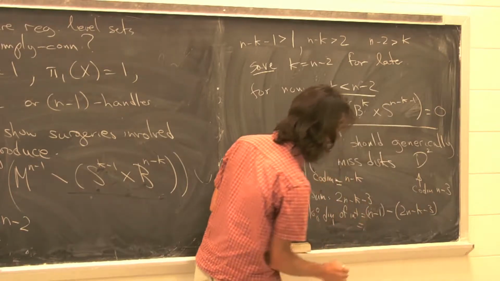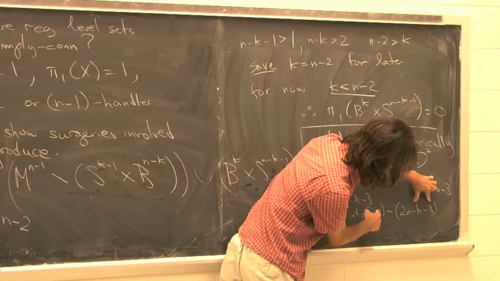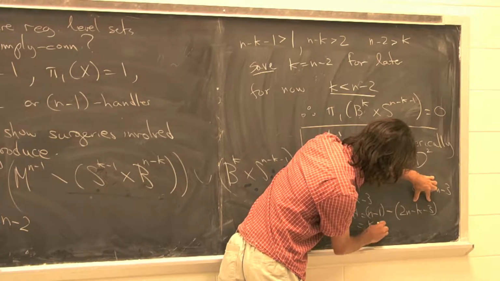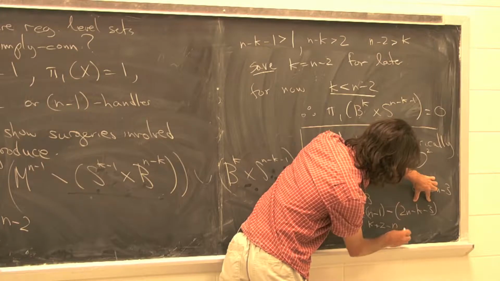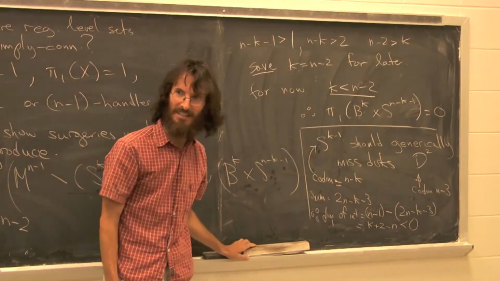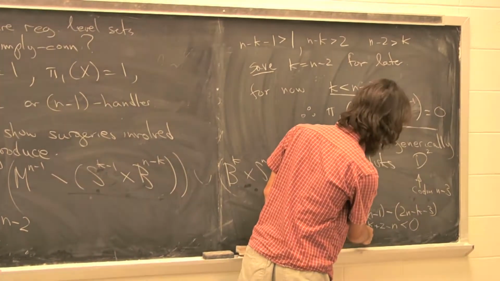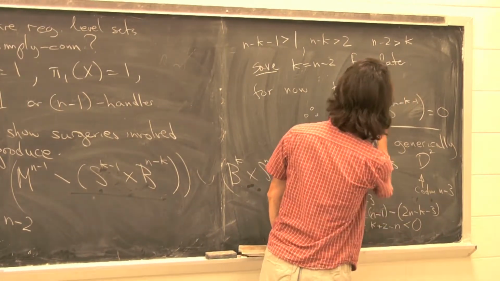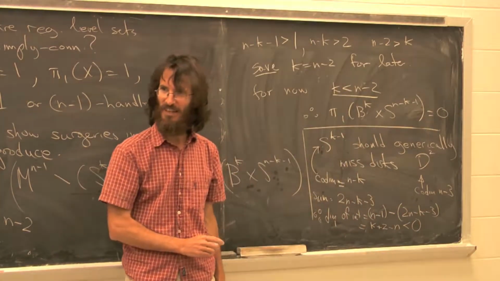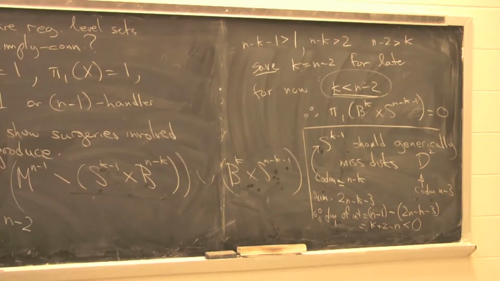So now, what is that? I've got k plus 3 minus 1, so that's k plus 2 minus n. We want that to be negative. So again, we want the same thing: k needs to be less than n minus 2, which is the same thing we had before. Okay? So really it's the k equals n minus 2 situation that comes up.